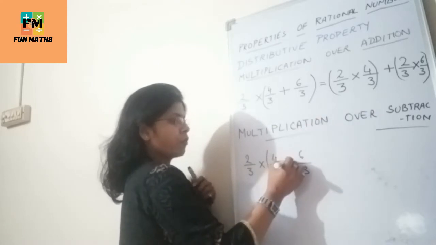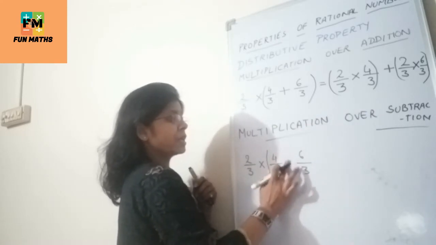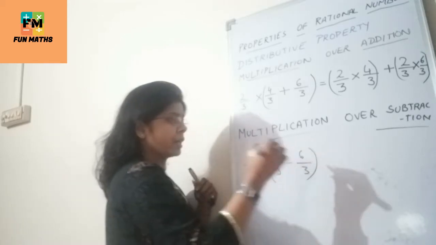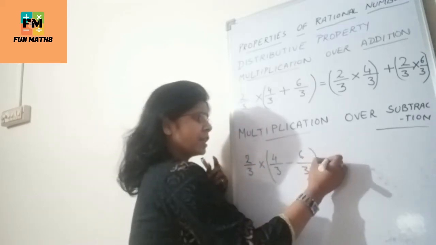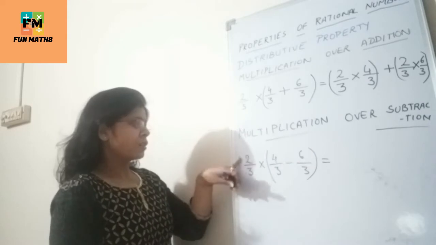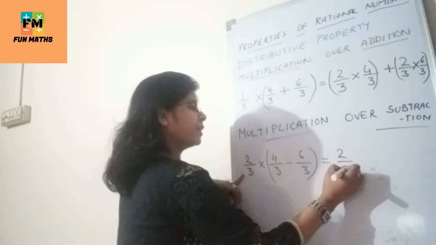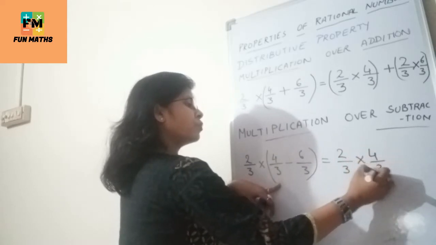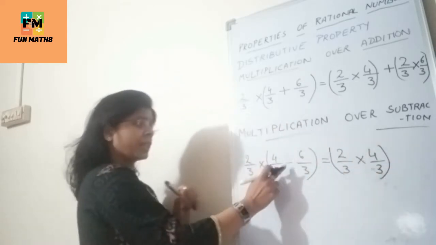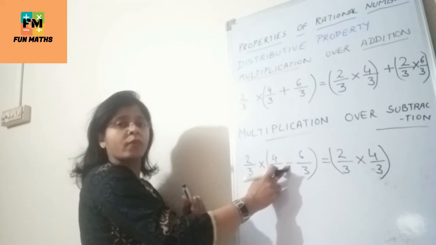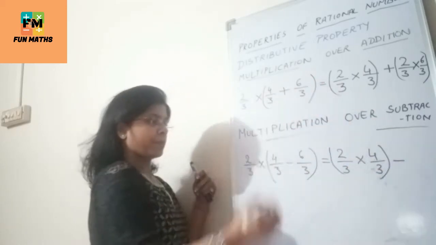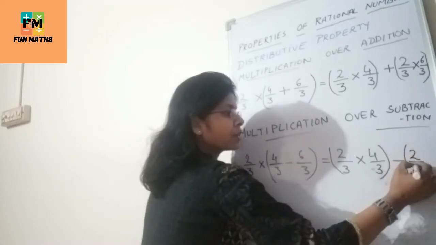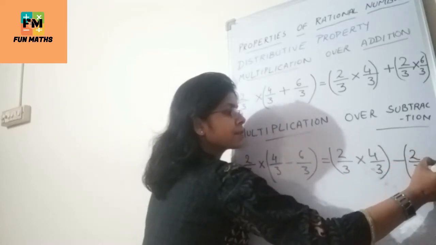Over subtraction means here secondly we have to put the subtraction symbol, right? Now let's distribute this 2 by 3. When we distribute this 2 by 3 with 4 by 3, it would be 2 by 3 into 4 by 3. Now, as we are distributing it over subtraction, we will distribute this 2 by 3 with 6 by 3, so 2 by 3 into 6 by 3.